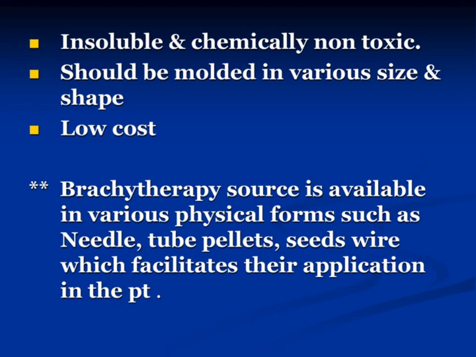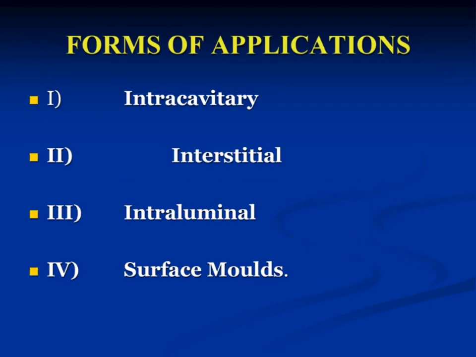There should not be any gaseous product from the radioactive element. High specific activity should be there, so smaller and smaller sources are available and we can deliver to the tumor with the finest catheter. The radioactive elements should be insoluble and chemically non-toxic, should be moldable in various sizes and shapes, can be cut to various lengths, and should be low cost.